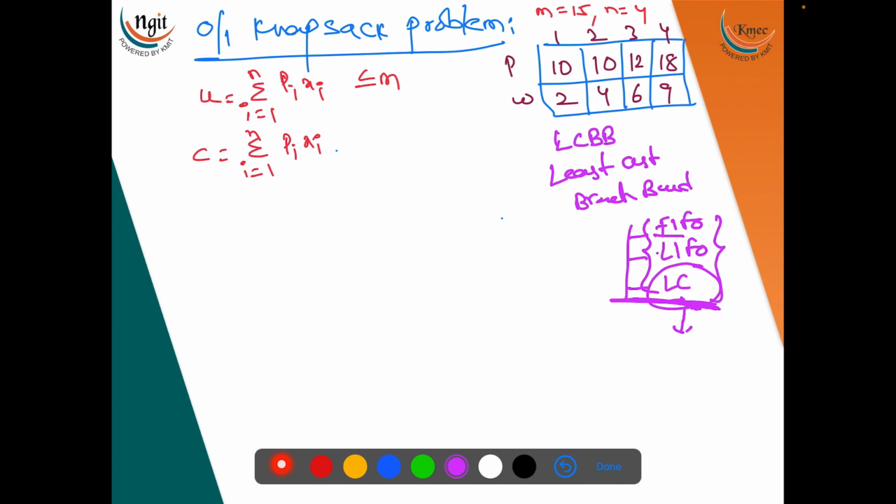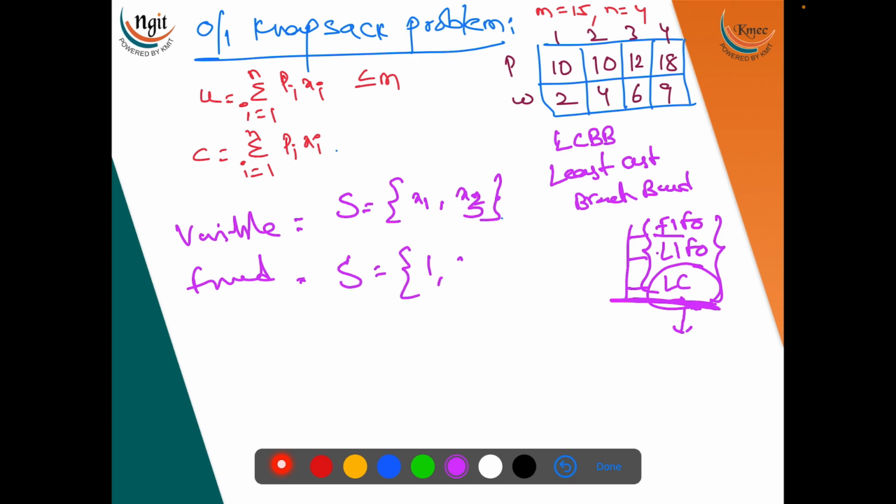Now, the solution for this problem can be written as a variable size solution or a fixed size solution. Variable size solution means which objects I placed in the bag. Let us say x1 and x3 is my solution. Then the fixed size solution is 1, 0, 1, 0.